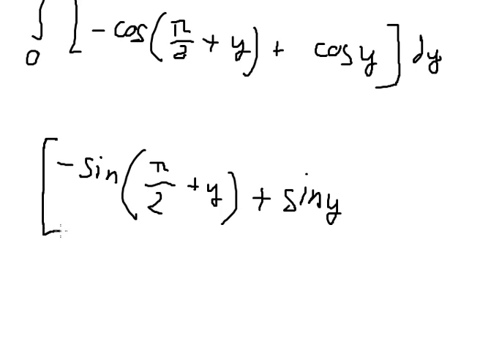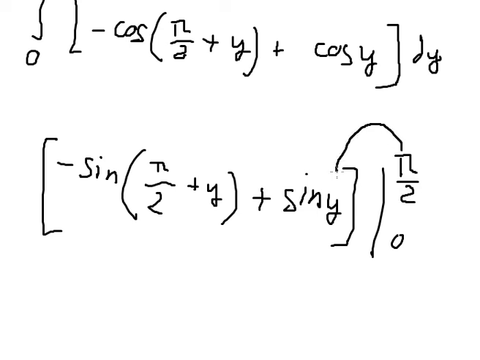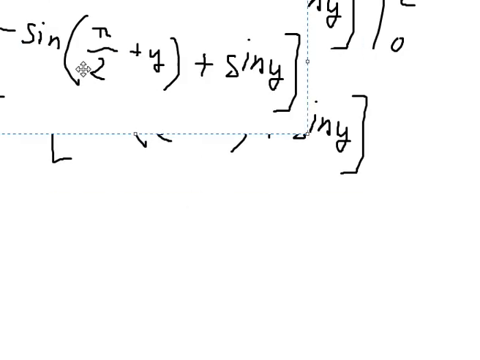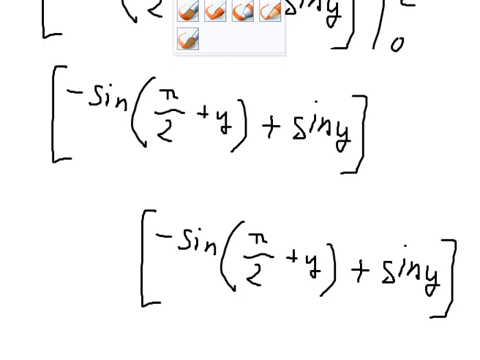And we put the bounds from 0 to b over 2. Now I will put b over 2 in here, number 0 in here, and we get the final answer. So I will put b over 2 in here.